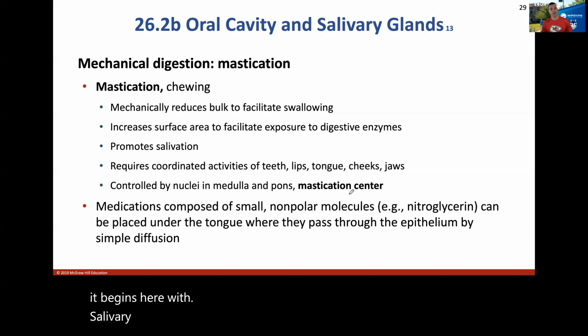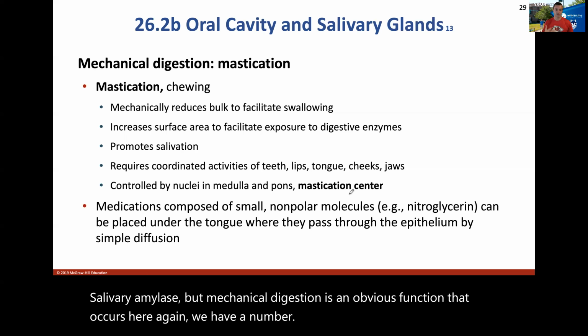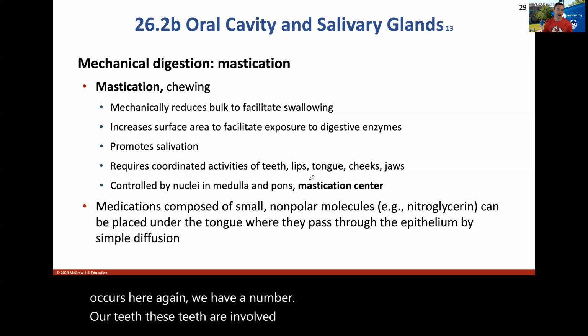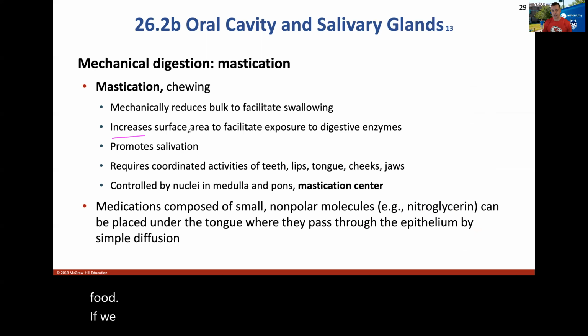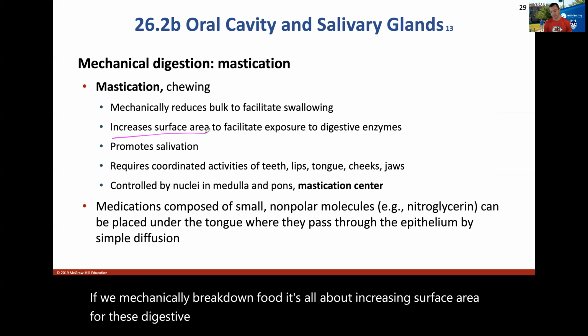But mechanical digestion is an obvious function that occurs here. Again, we have a number of teeth. These teeth are involved with mechanically breaking down that food. If we mechanically break down food, it's all about increasing surface area for these digestive enzymes within the mouth and in parts as we go further on.